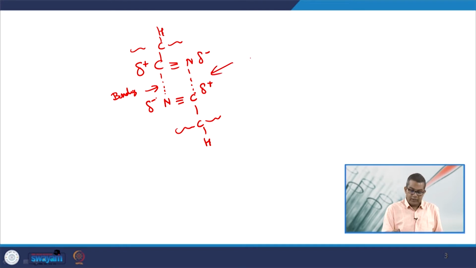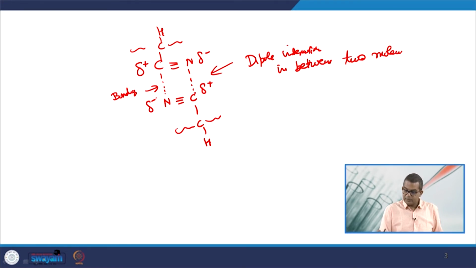Now here you see the dipole interaction between two molecules.